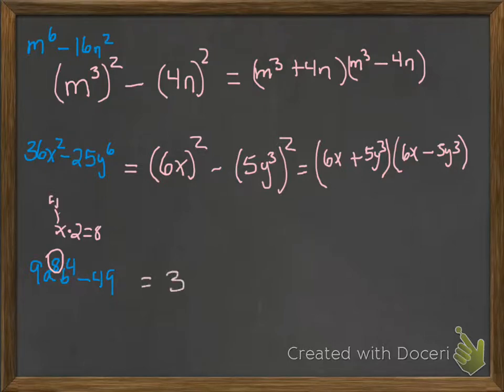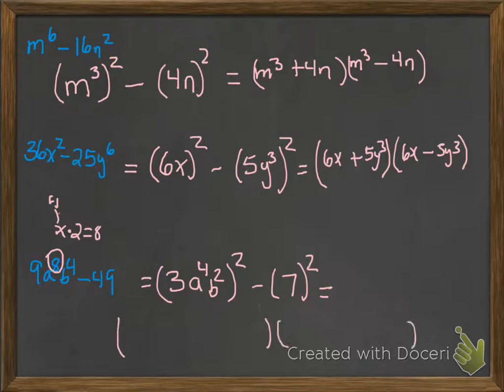So I'll end up with 3a to the 4th b squared, all squared, because remember when we multiply that 2 in, minus 7 squared, so that's going to equal 3a to the 4th b squared plus 7 and 3a to the 4th b squared minus 7.